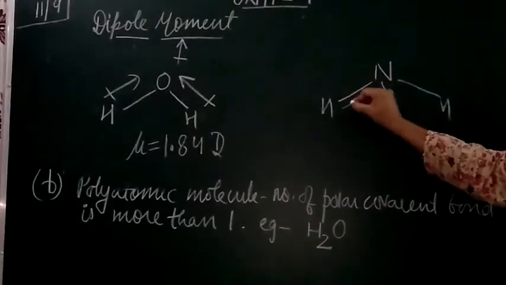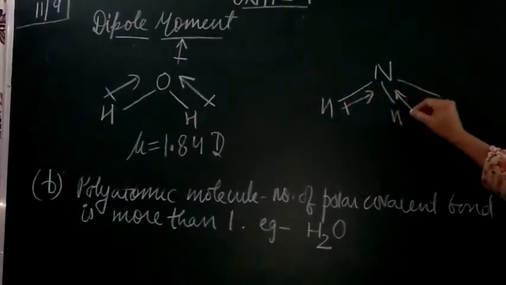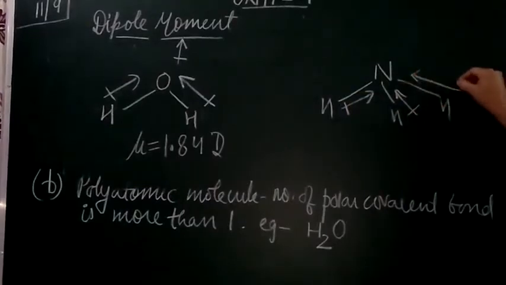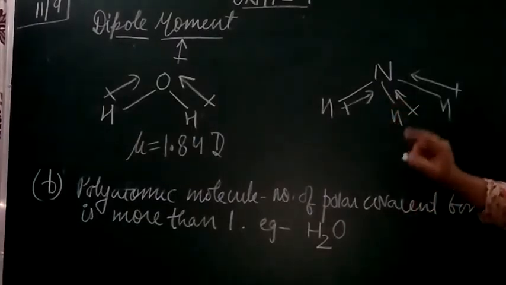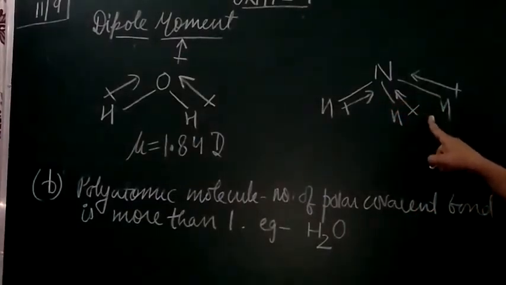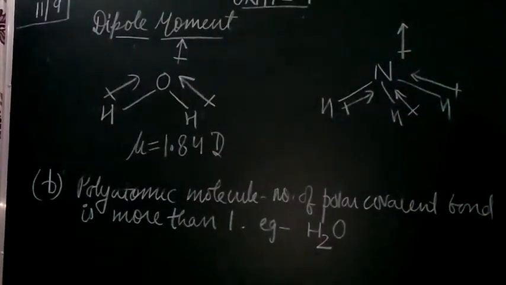Now the direction of the dipole moment of the three N-H bonds is toward the nitrogen atom, which is more electronegative. So the resultant dipole moment will be in the upward direction.